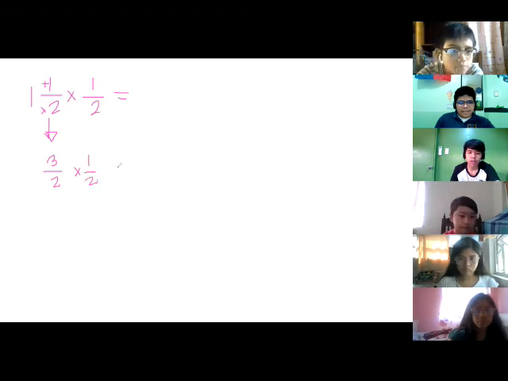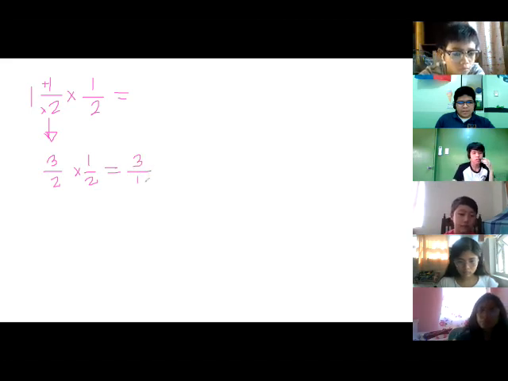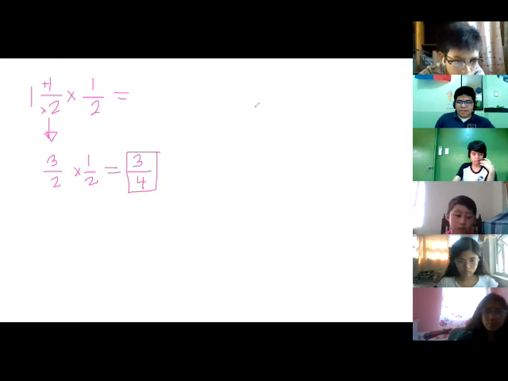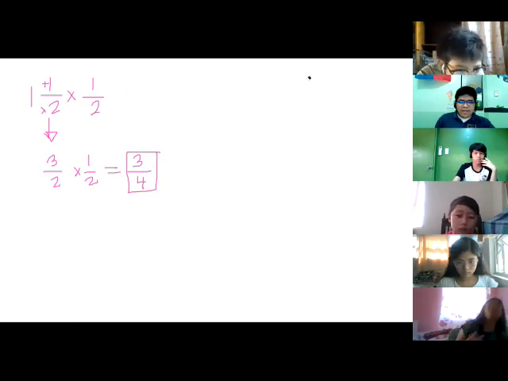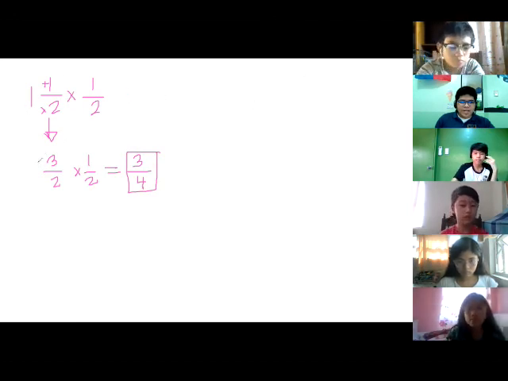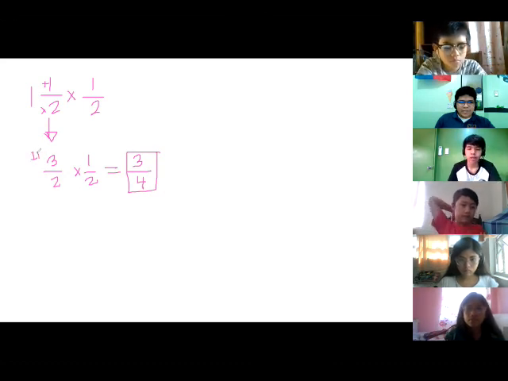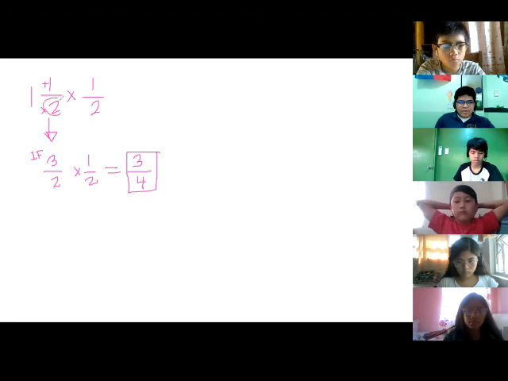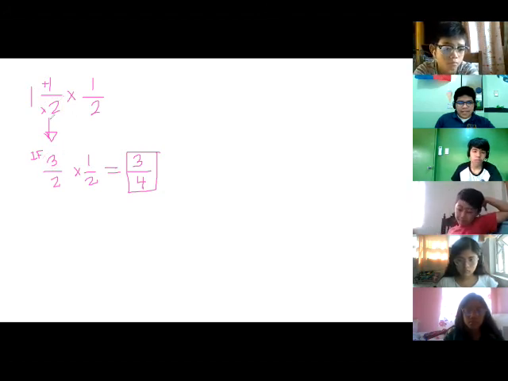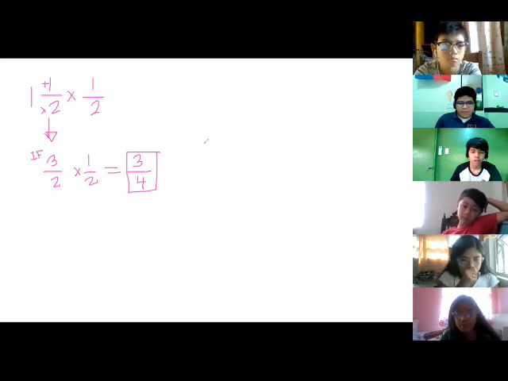And then multiply na lang yung top numbers, 3 times 1, 3. Bottom numbers, 2 times 2, 4. The answer is 3/4. Okay, so reminder, if you want to multiply a mixed number, gawin mo muna siyang improper fraction. To do that, you multiply the whole number times the bottom number plus the top number that will show up here, and then copy the bottom number.